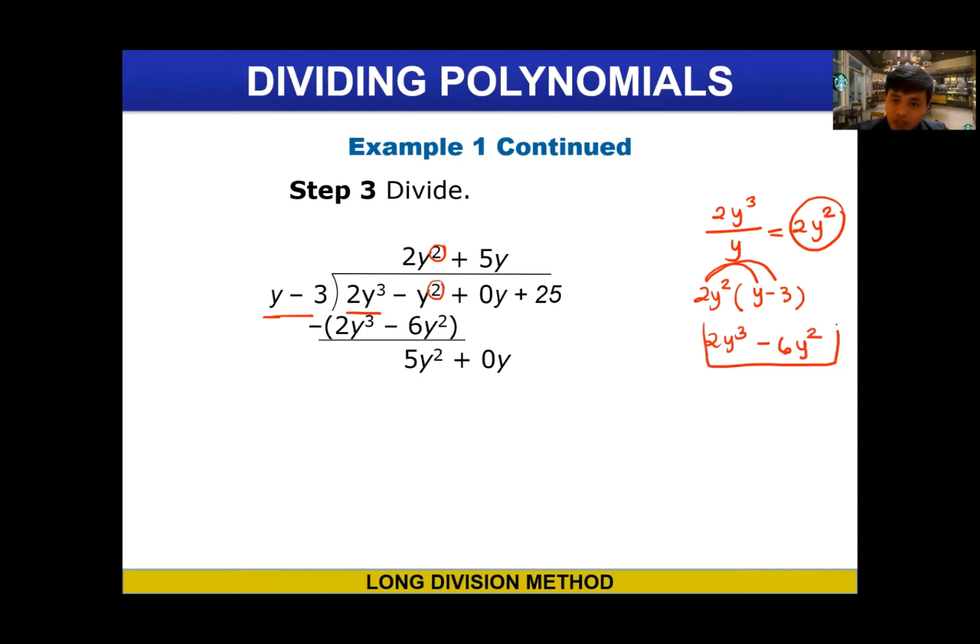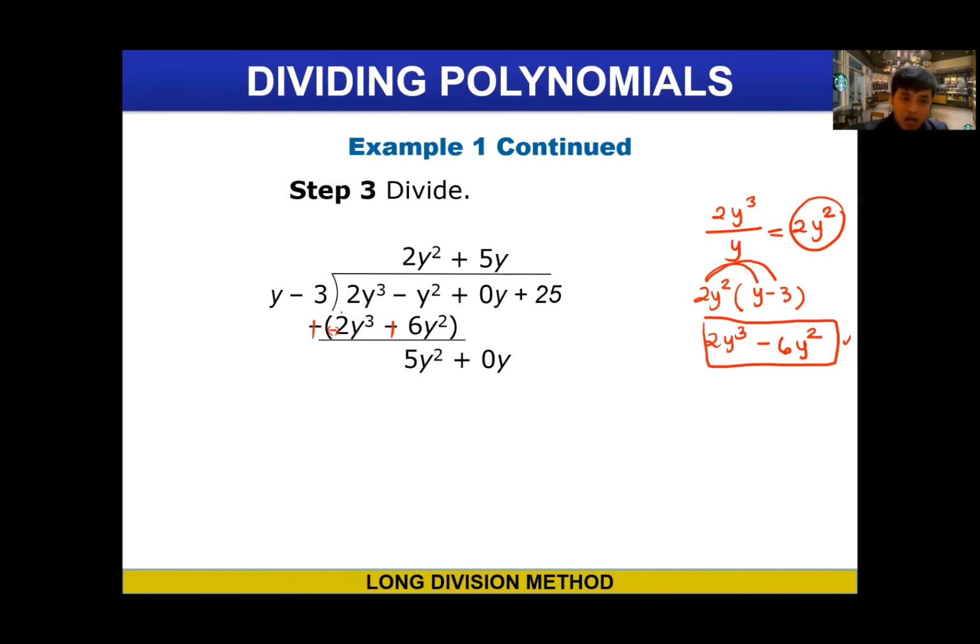As you can see, this expression we put in here. Now, after that, we're going to subtract. Since we are subtracting, all the signs here will change. So this becomes negative already, and this becomes positive already, and then we proceed to adding.